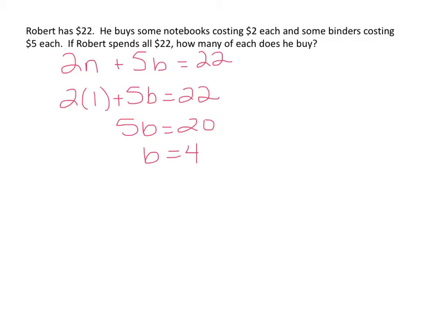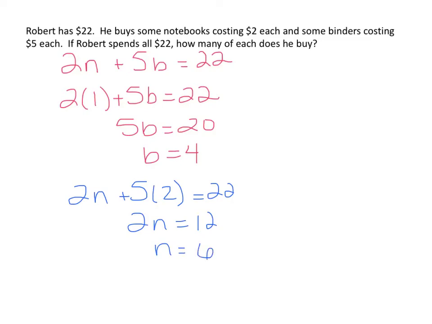What if he buys 2 binders? That means he has to have bought 6 notebooks. These are all solutions to this particular equation.